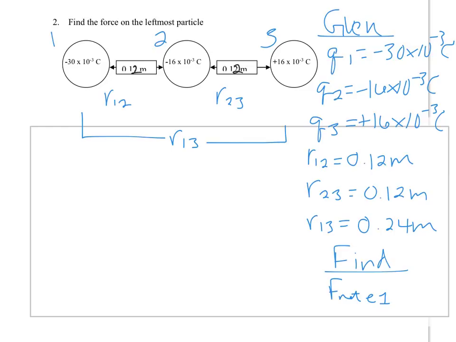So that we're not getting confused, let's look at directions. The forces on 1 and 2 are both negative. So the electric force between 1 and 2 will be pointing to the left because 2 is repelling 1. And then the force between 1 and 3, negative is attracted to positive, and it's also farther away.